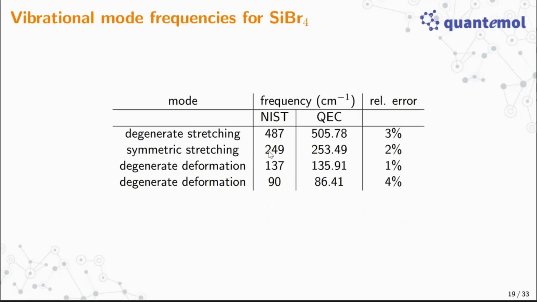And these are the vibrational mode frequencies that we get out for the various different stretching and deformation modes for SiBr4. The NIST data compared to the QC calculation. And again, the relative errors are on the order of a few percent, which is extremely encouraging. It's a useful diagnostic that we use for other cases.